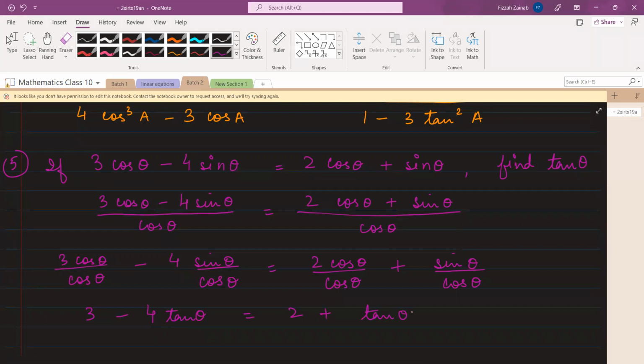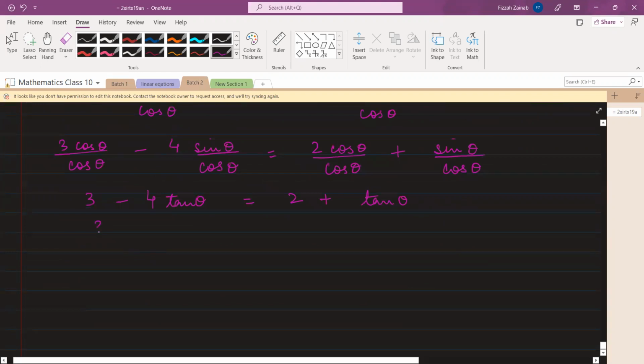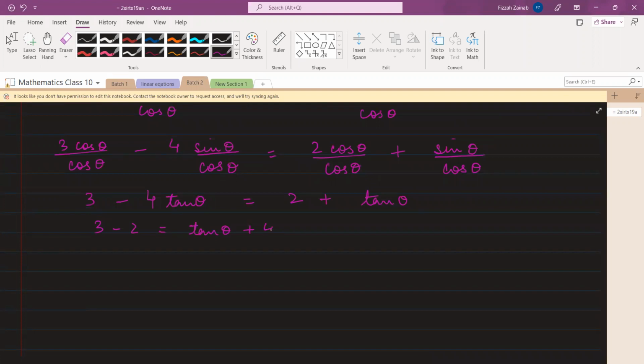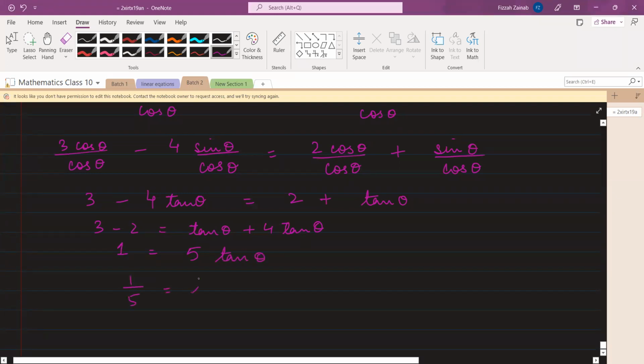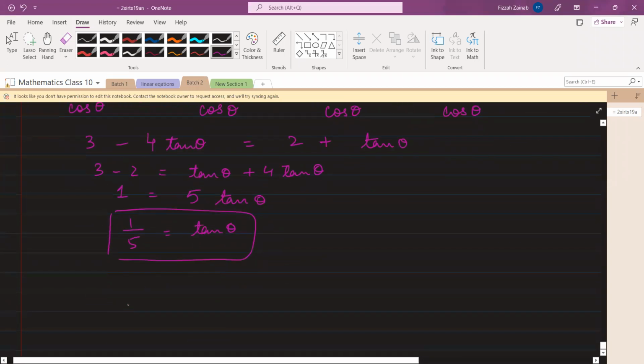Is that okay? Yes, ma'am. Okay. So 3 minus 2 is equal to tan theta plus 4 tan theta, correct? So 1 is equal to 5 tan theta and 1 upon 5 is equal to tan theta. So now you have got the ratio, and you are supposed to find tan theta only. Okay, that's it. So tan theta is 1 by 5.